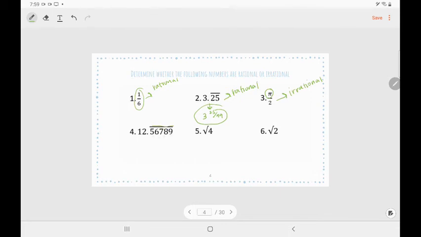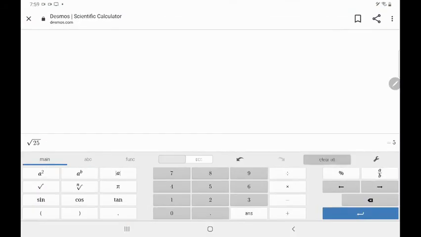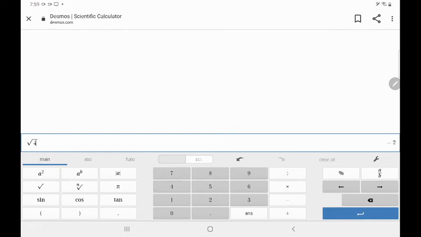12.56789 all repeating. Is that rational or irrational? Well, 12, 5, 6, 7, 8, 9 all over, there's 5 digits, so 9999. That can be written as a fraction, so this is rational. Square root of 4. If I type it in my calculator, square root of 4 is 2.